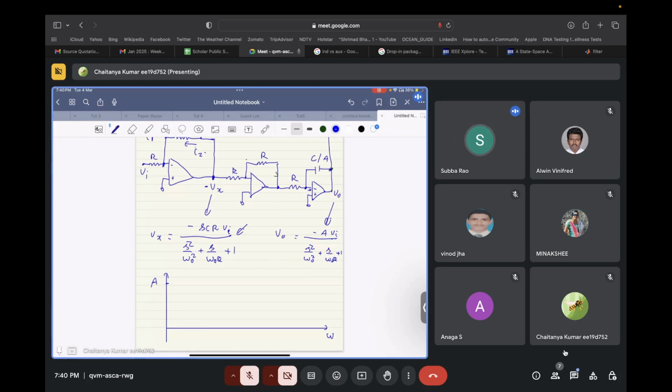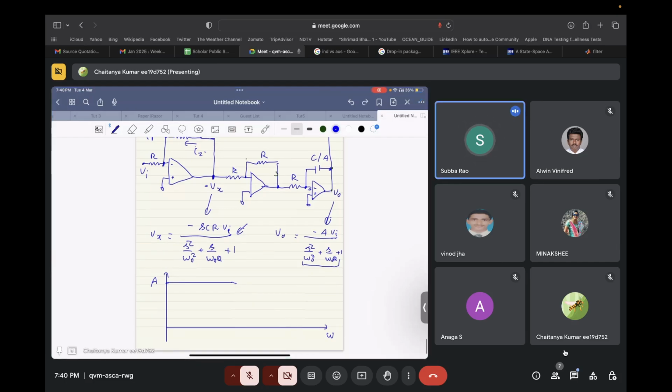and then it will remain flat like this. After that, after this second order denominator's effect starts coming, it will fall like this. What will be the slope in Bode? Let's say we wanted to plot the Bode plot. What will be this slope?